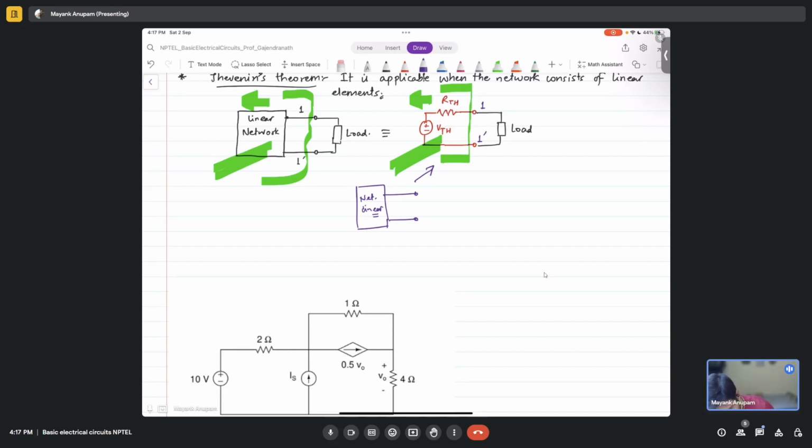can be modeled. This whole network, the whole black box, can be modeled by this one up here. You can replace it with a voltage source in series with a resistance across these two terminals. So this is equivalent to a voltage source in series with a resistance RTH.